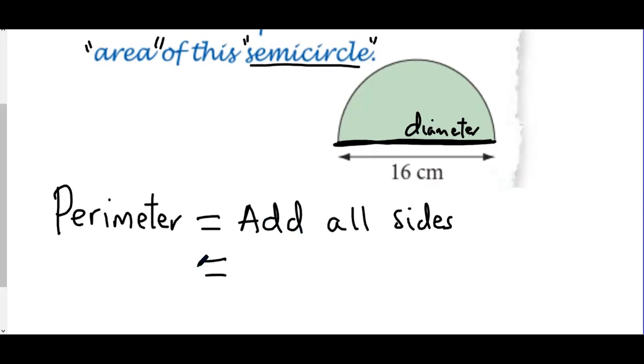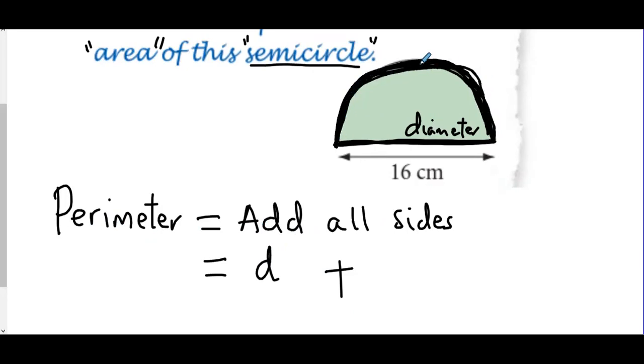So adding all the sides, the first side is the diameter, D, plus the other side that belongs to the semicircle. How many sides does a semicircle have? A semicircle has only two sides, one being circular.